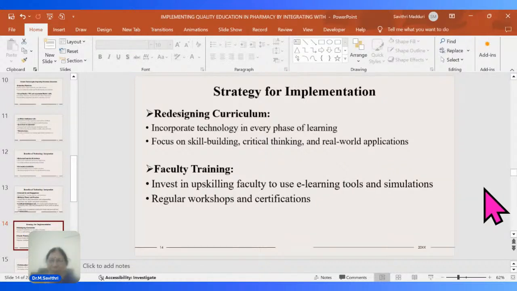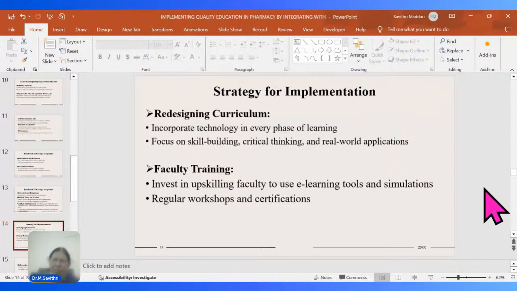Redesigning curriculum. I don't know whether the management or the pharmacy council knows where the world is going, but the basics are very important. I'm not saying that right from the beginning we need all these tools, but once a project stage comes, the curriculum has to be redesigned to incorporate technologies in every phase of learning.